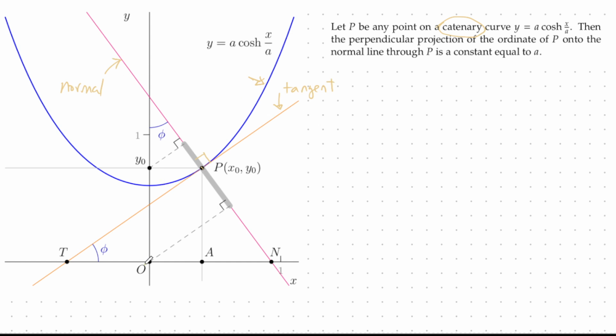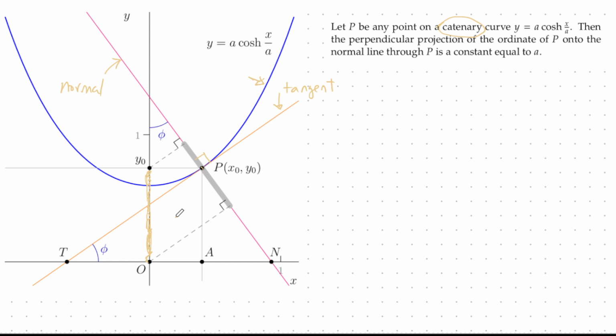Now, what is the ordinate? The ordinate is the segment from 0 to y0. So P has coordinates x0, y0. The length of its y coordinate, that's the ordinate. So why don't we use the word y coordinate? Why do we say ordinate? Ordinate is classical analytic geometry terminology, so we want to keep using it.